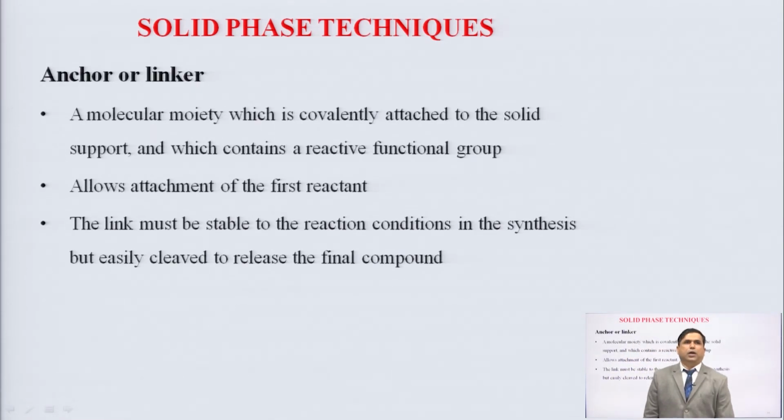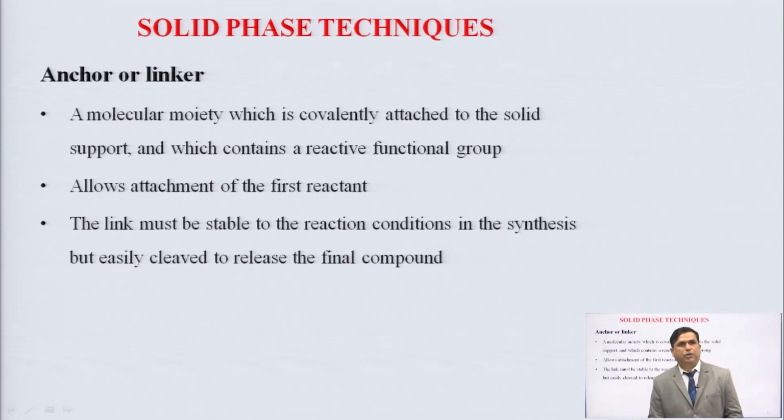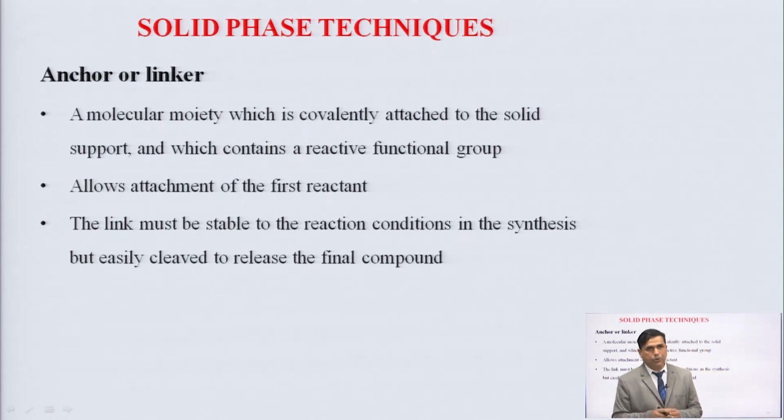Here is a molecular moiety covalently attached to the solid support, which contains a reactive functional group and allows the attachment of the first reactant. First it will interact with the solid support and then attach the reactant. So, the linker or anchor, both are the same.